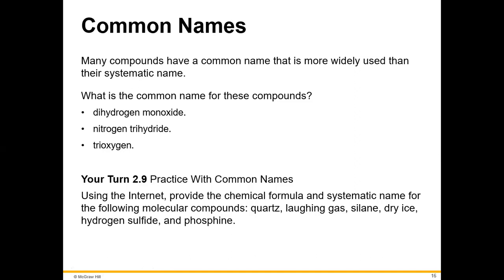You can be a real smarty sometime and ask your friend, hey, would you mind getting me a glass of dihydrogen monoxide? And they'll be like, what? Nitrogen trihydride, nitrogen and H3, the common name would be ammonia. And then trioxygen O3, that is ozone.